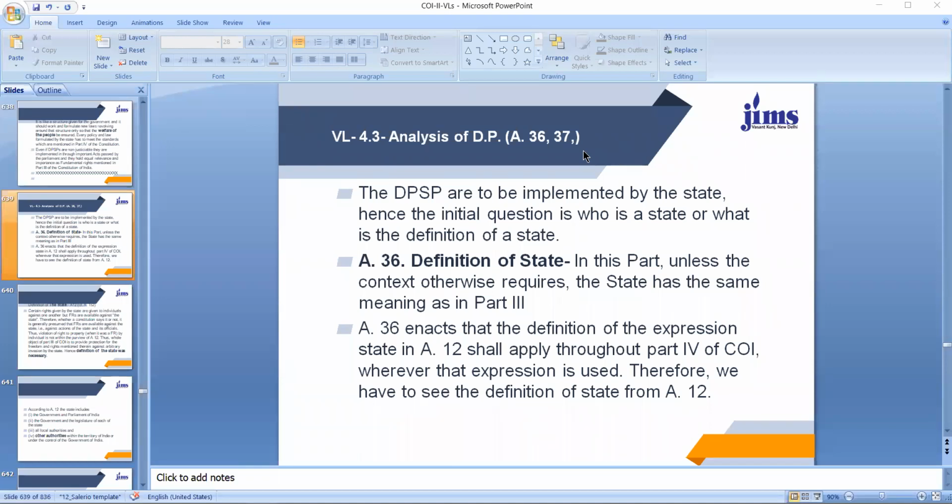So Article 36 enacts that the definition of the expression state in Article 12 shall apply throughout Part 4 of the Constitution of India, wherever that expression is used. Therefore, we have to see the definition of state from Article 12. Rather, we will have to borrow the definition of the word state from Article 12.